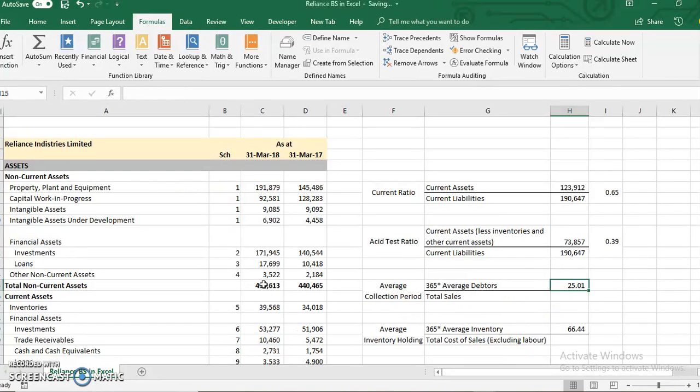You will see the average collection period increased to 25 from 12. Which means that in this case, the company is able to collect its dues within 25 days, which is pretty fast.